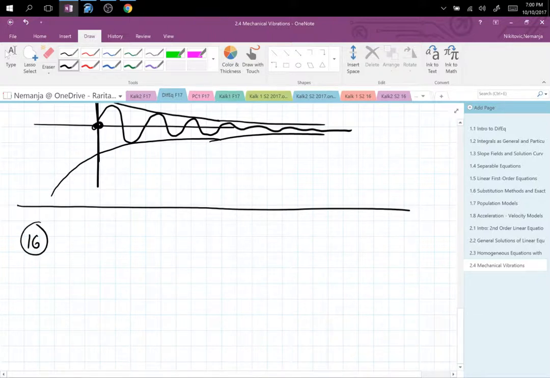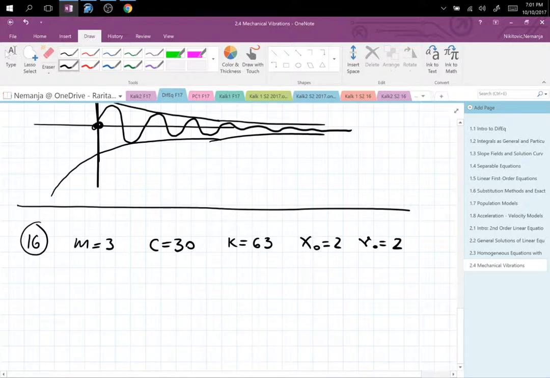They just give you that M is 3, that C is 30, K is 63, X0 is 2, and V of 0 is 2 as well. Those are initial conditions.